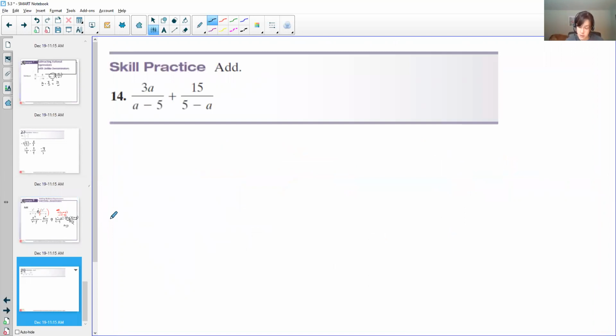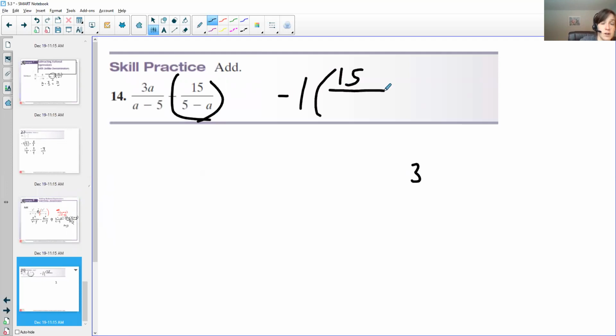Your final answer should just be 3. See if you can make it work. Okay, so let's see. This second fraction becomes negative 15 over a minus 5.